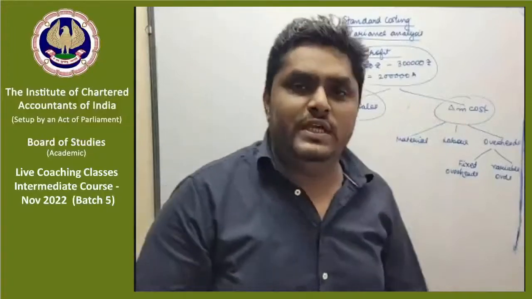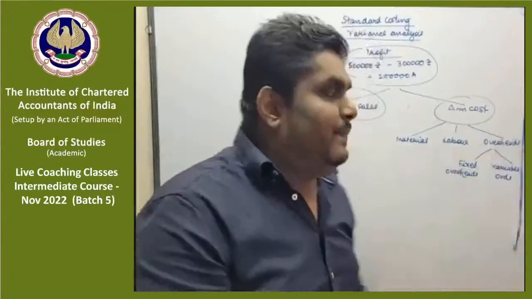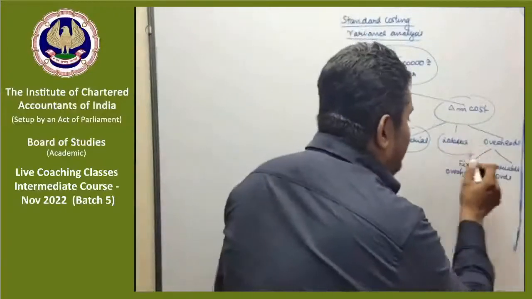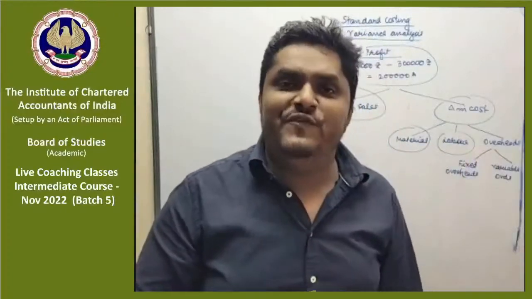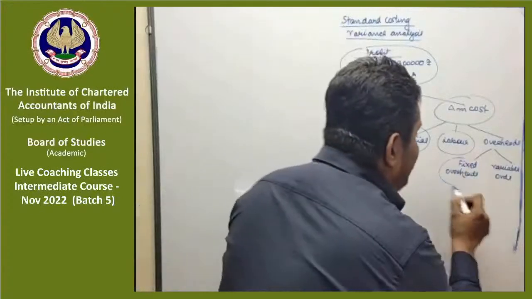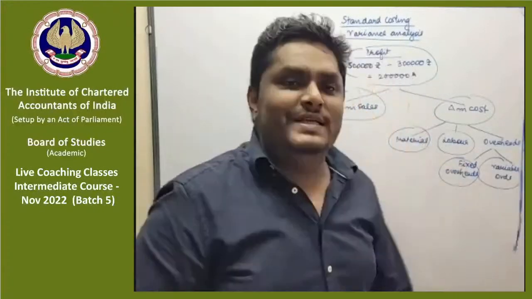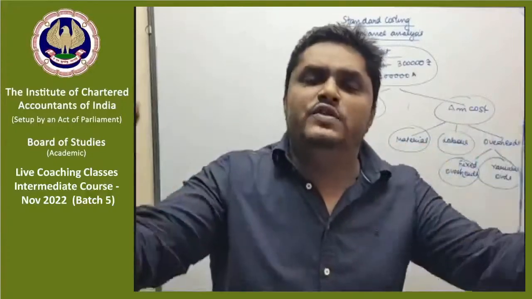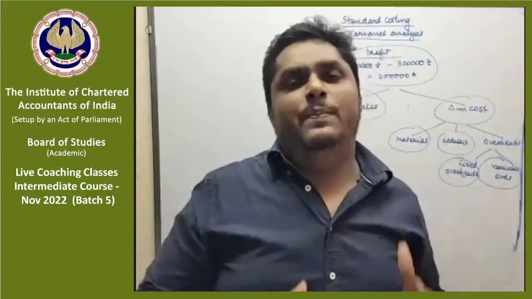When talking about change in cost, या तो material department में कुछ गड़बड़ हुआ है, or either my labor department is not functioning efficiently, or maybe due to change in production overheads, that is either fixed or variable overhead. So these are the factors which contribute to the deviation in the profit.